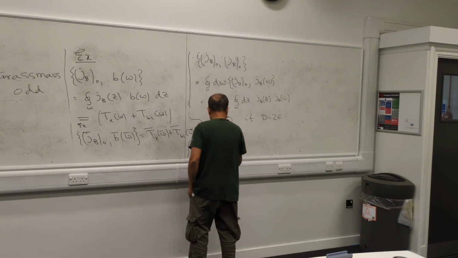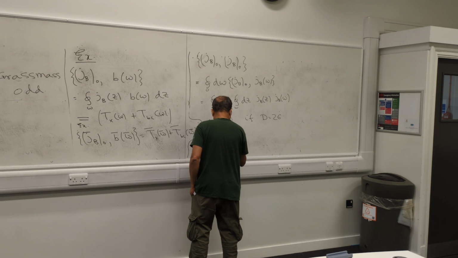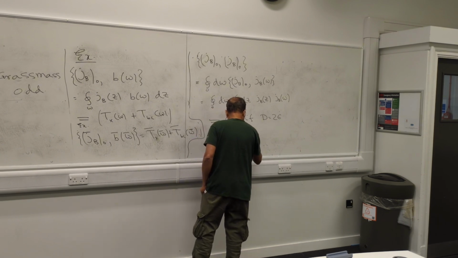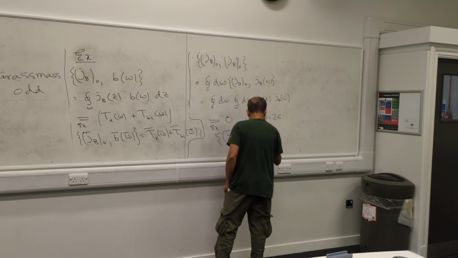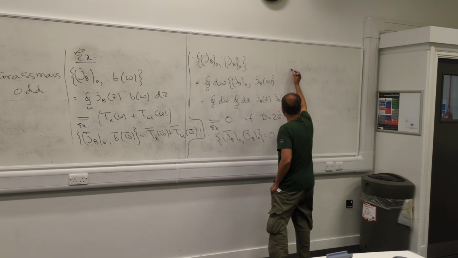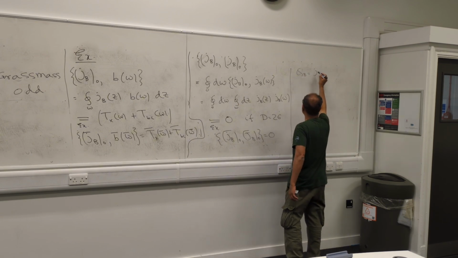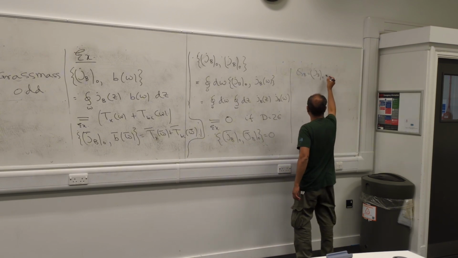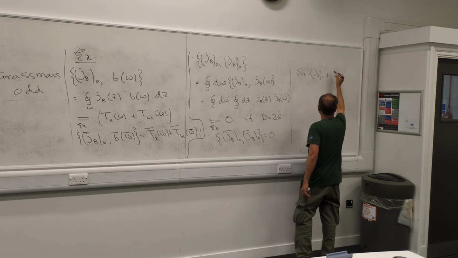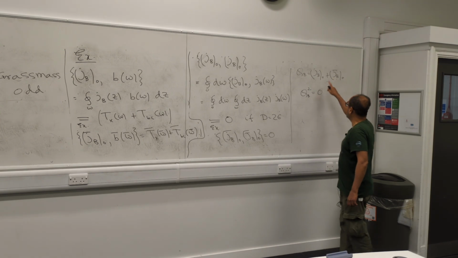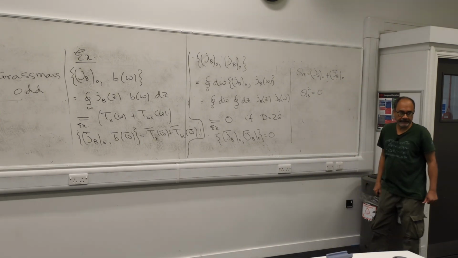And similarly for the anti-holomorphic part. So we define Q_B, the BRST charge, as J_B(0) plus J_B bar(0), and you have the relation that Q_B squared is 0. Because J_B and J_B bar, of course, anti-commute, right? They have nothing to do with each other.